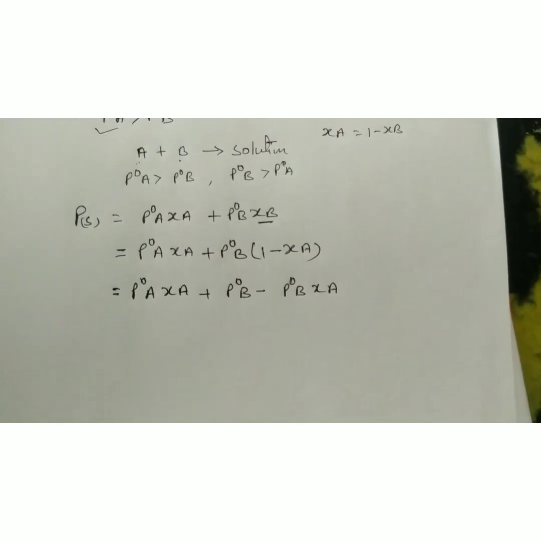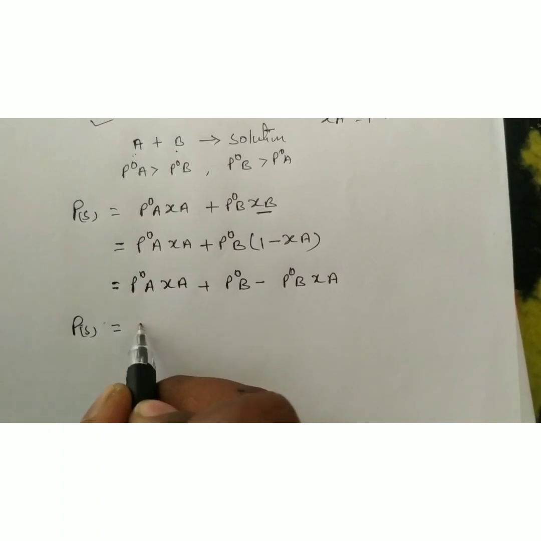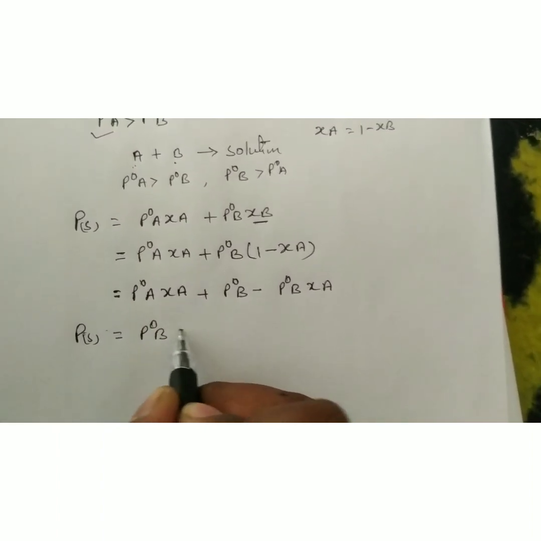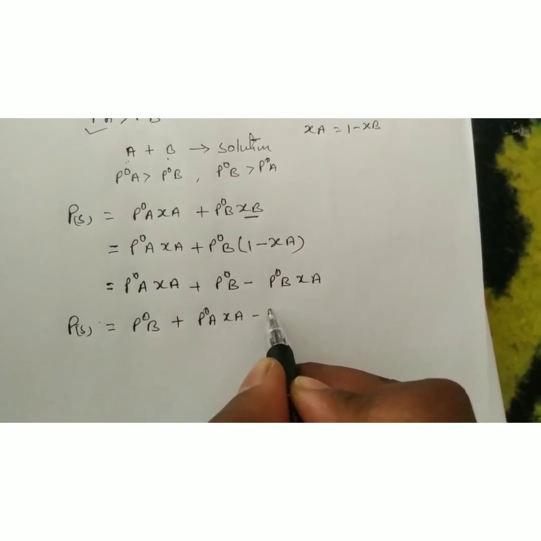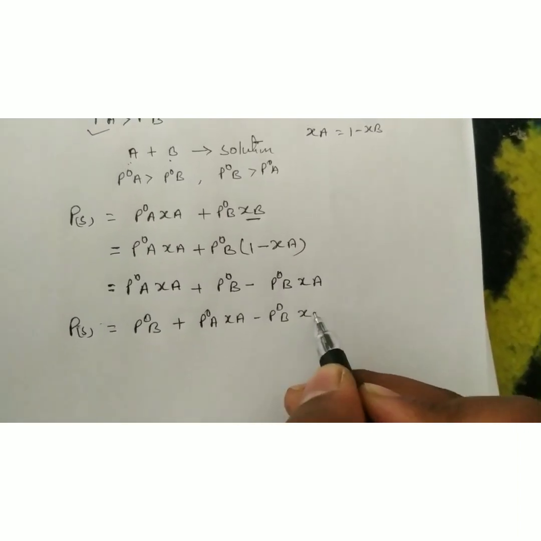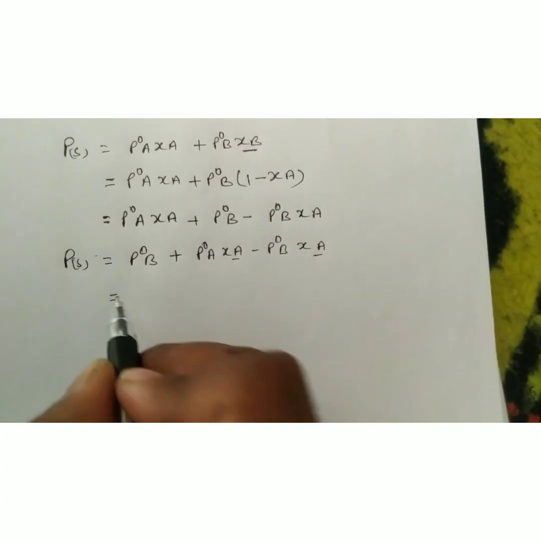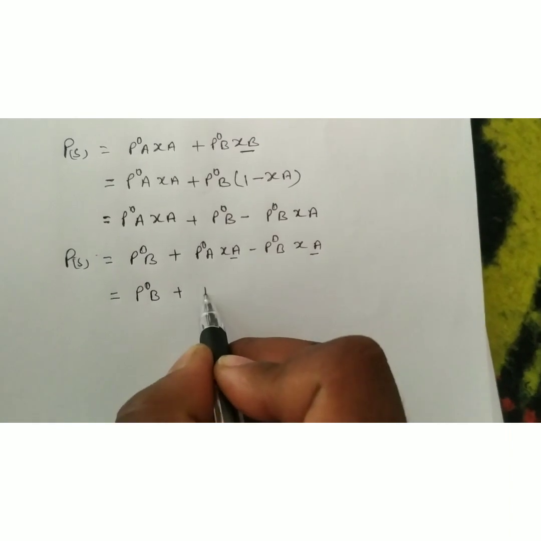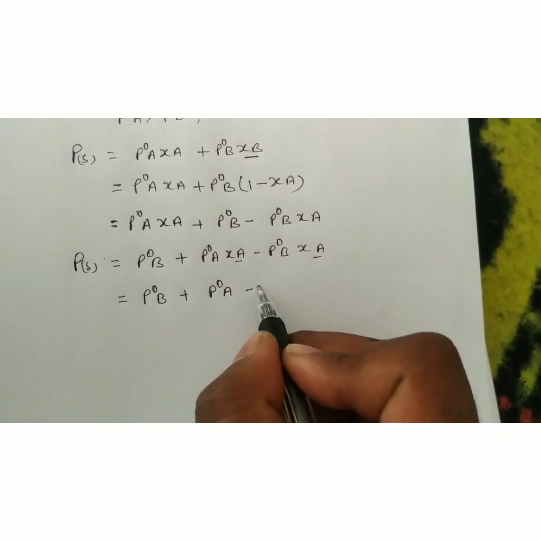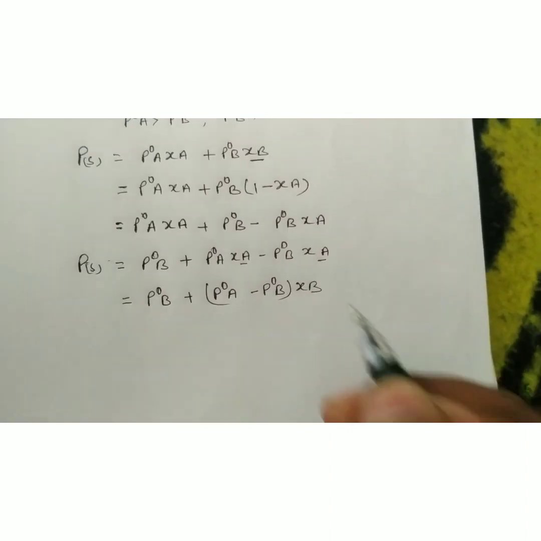Now, by rearranging the equation, the total pressure of solution is P naught B plus P naught A XA minus P naught B XA. Here XA is common in both terms. So it will become P naught B plus P naught A minus P naught B times XA.